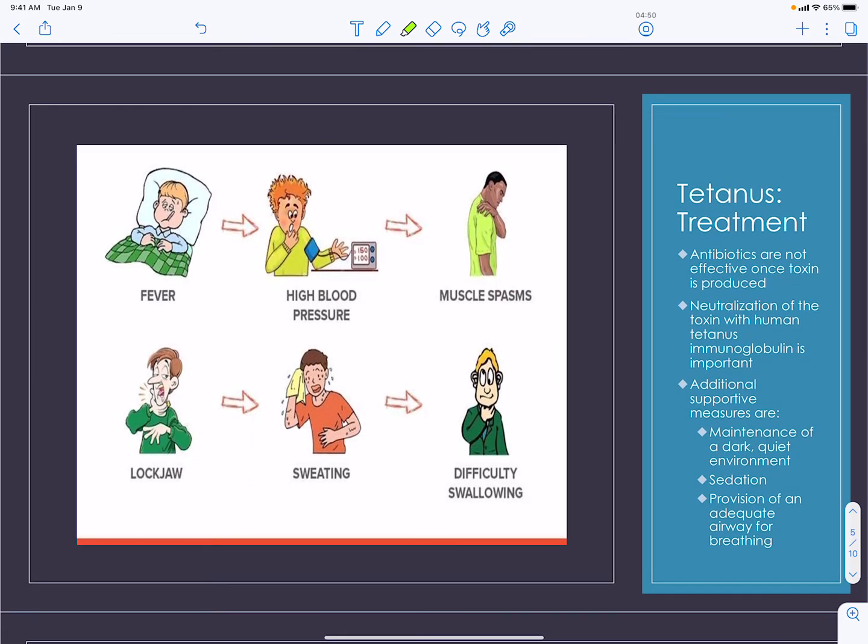Now, tetanus treatment is going to involve toxin antibodies, so neutralization of the toxin with immunoglobulins transferred, so this is passive transfer. And you can also have additional supportive measures such as maintaining no stimulation, a dark, quiet environment, and sedatives to make sure that people are not getting excited.